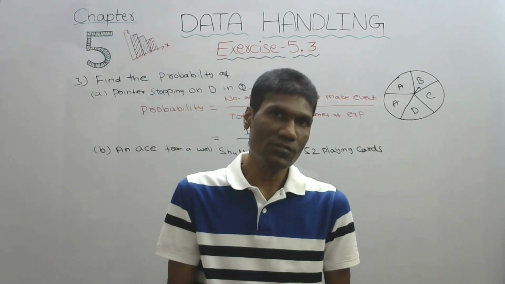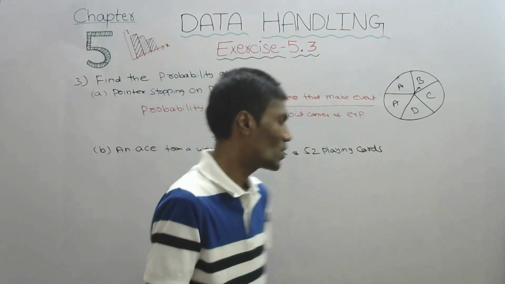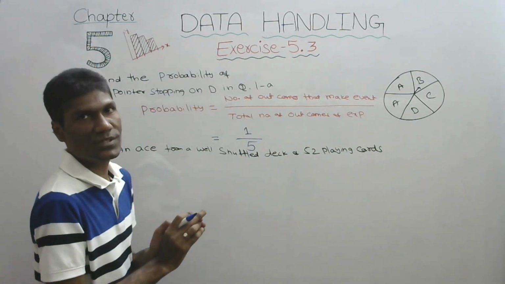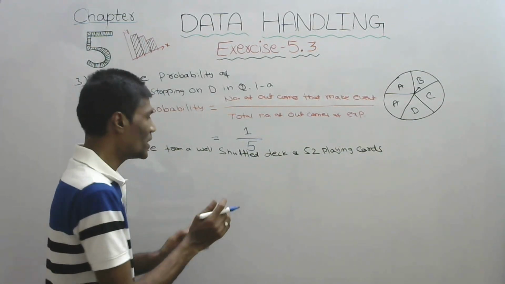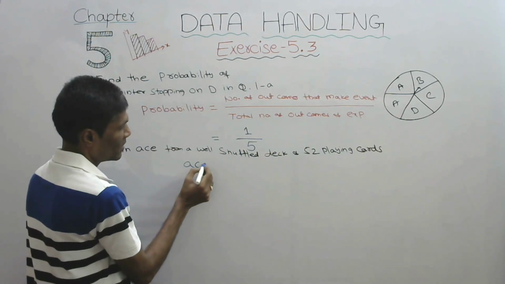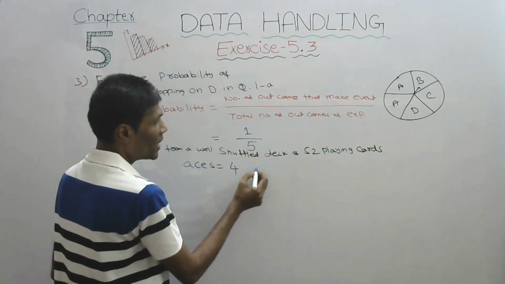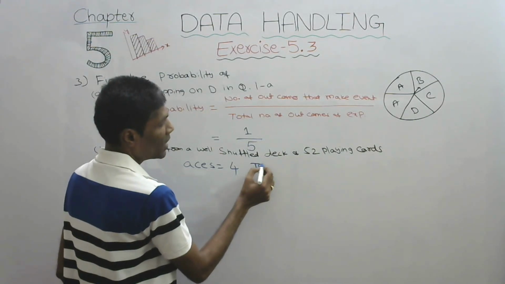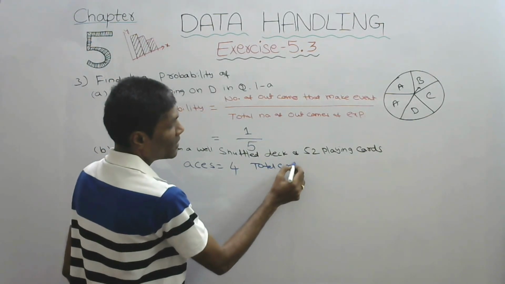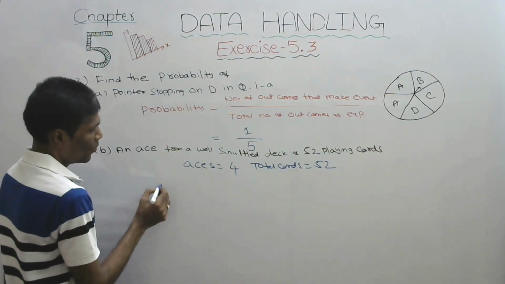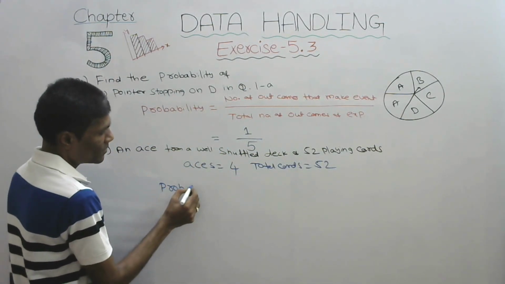So, total cards will be 52. Now, he is asking, getting an ace. How many aces are there? 4. Total cards? 52.